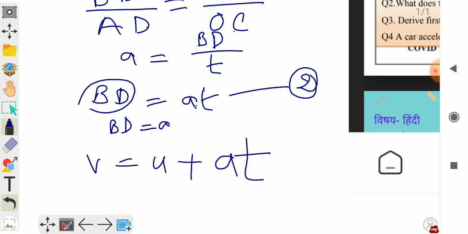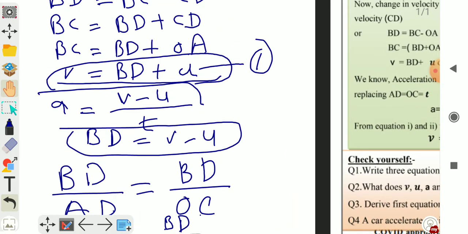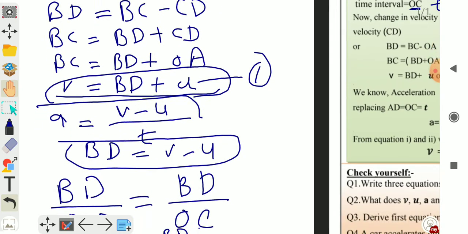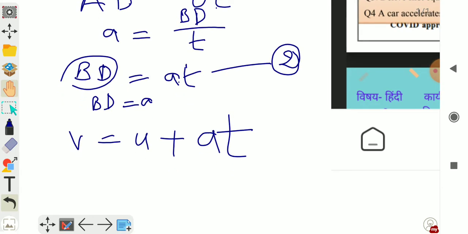BD means you have to write BD means v minus u. Now your first equation is derived from this.